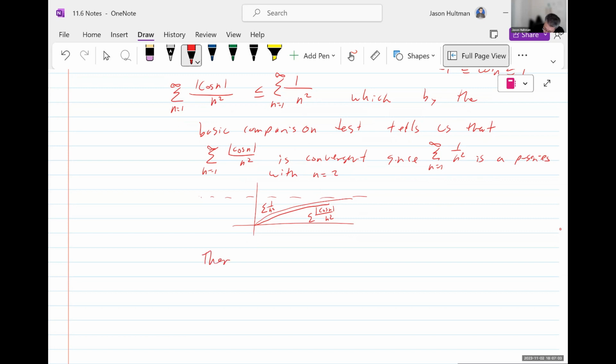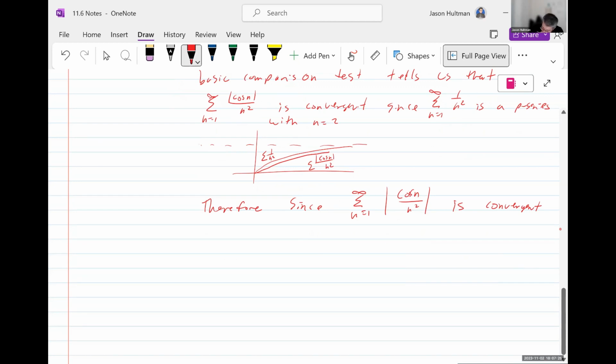So now we can say, therefore, since the sum from n equals 1 to infinity of the absolute value of cosine n over n squared is convergent, then the original series, n equals 1 to infinity of just cosine n over n squared, because some of those are going to be negative, right?